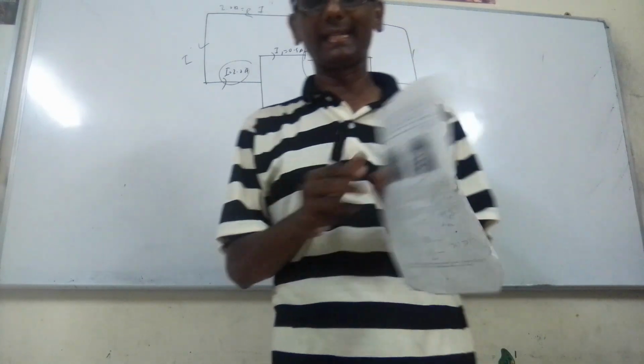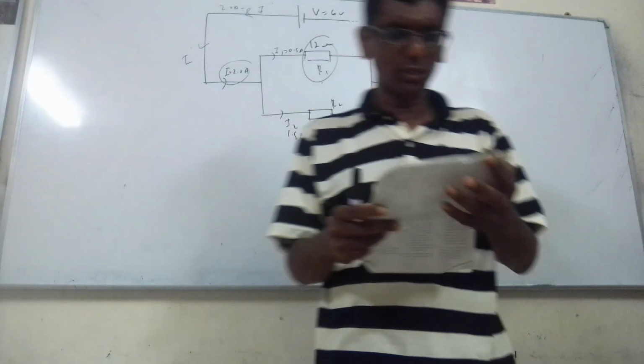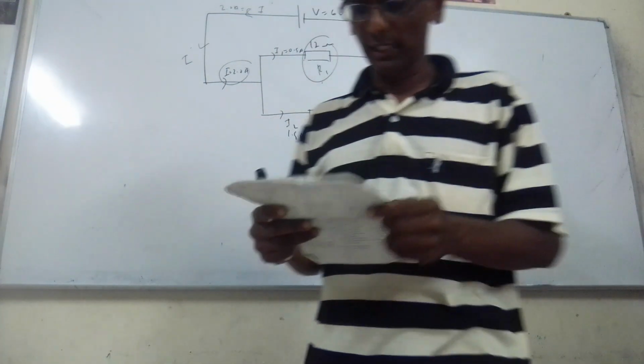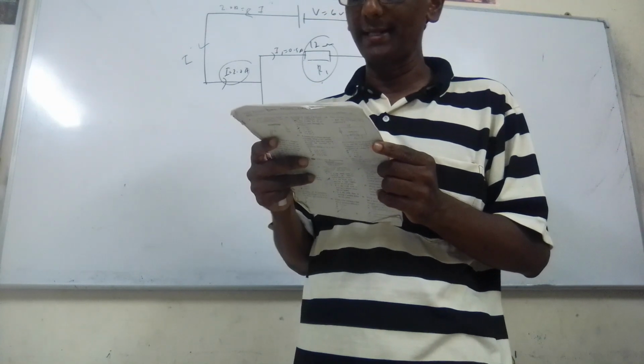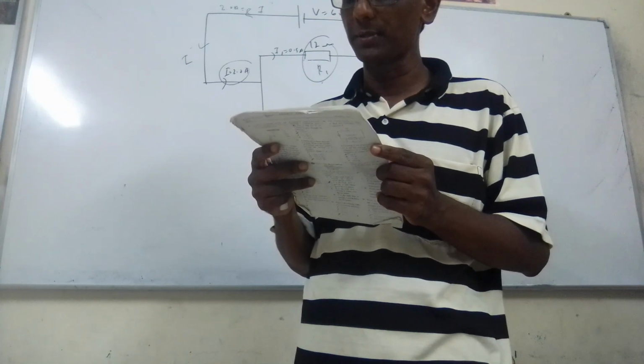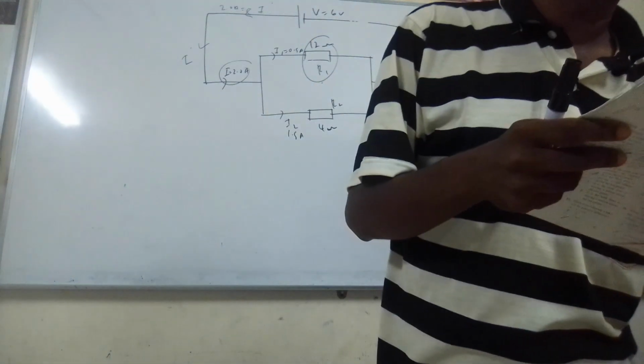Okay, question 8. We quickly go through question 8. Figure 8.1 and 8.2 show two identical filament bulbs arranged in two different ways and connected to the same battery.